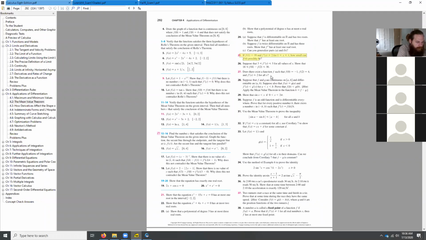If f of 1 is 10 and f prime of x is always bigger than or equal to 2, then for 1 ≤ x ≤ 4, how small can f of 4 possibly be?